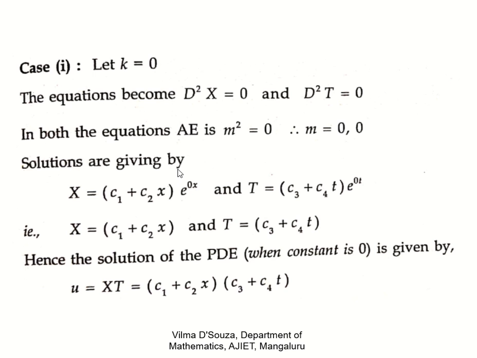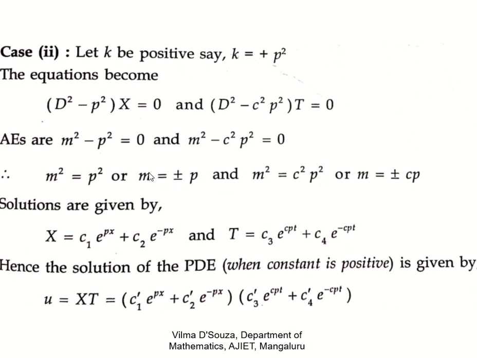What may be the other cases? When k is positive, and when k is negative. So consider when k is positive. Say k is equal to plus p², and we are considering p² because a square is always positive. So the given equations become (D² minus p²) X equal to 0 and (D² minus c²p²) T is equal to 0.